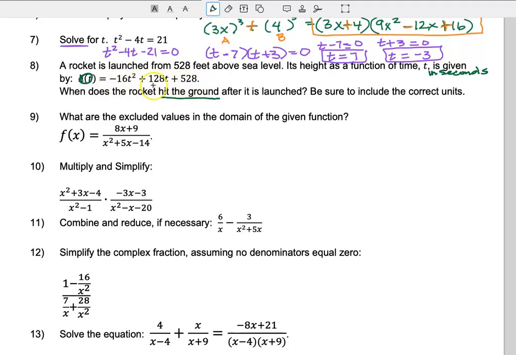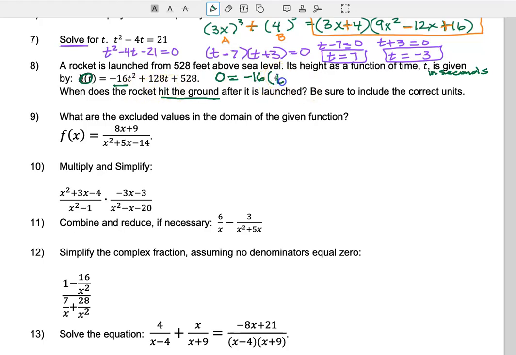And oftentimes on these problems there will be, and oftentimes it is negative 16 as that greatest common factor. So let's look and see if that's the case. So I have 0 equals, right, because that's my 0 equals. Let's factor out a negative 16.